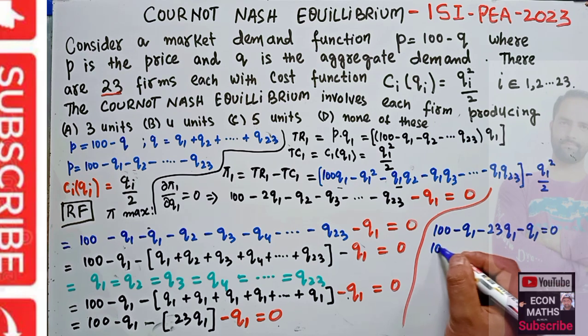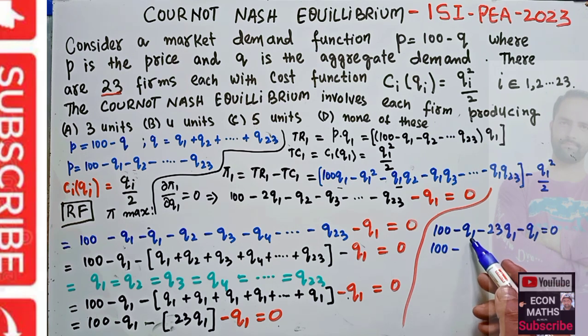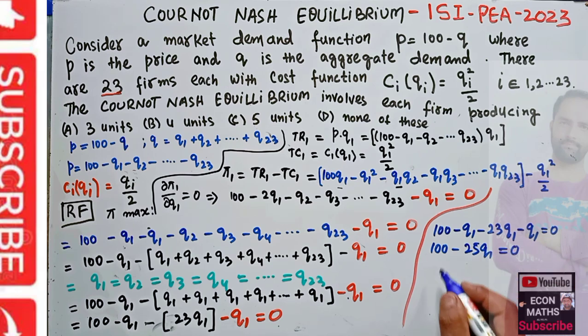So it becomes 100 minus 25 Q1 equal to 0, which implies 25 Q1 is equal to 100.